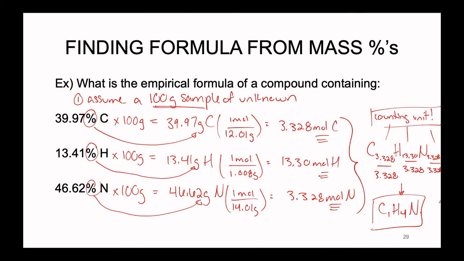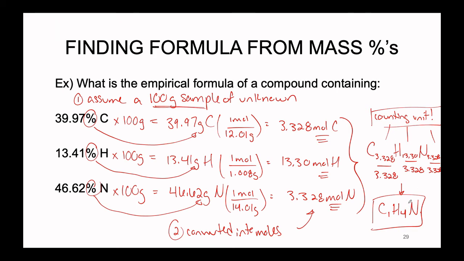And so here now we can see that we started with mass percents. Step 1, we assumed a 100 gram sample. Step 2, we converted into moles, which is what we did here. Step 3, we took those moles and inserted them into the subscript of some makeshift chemical formula.